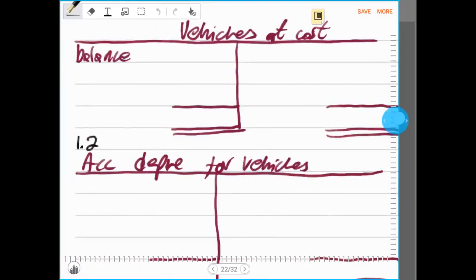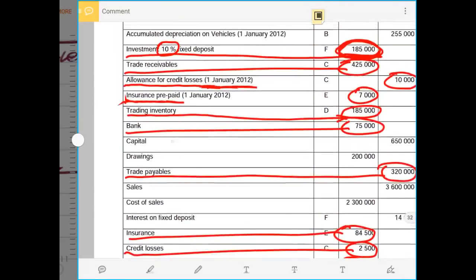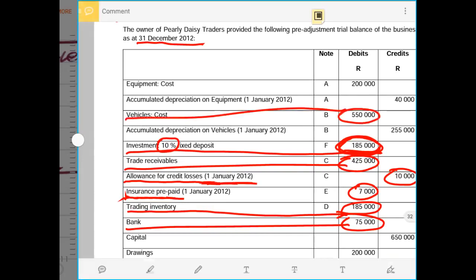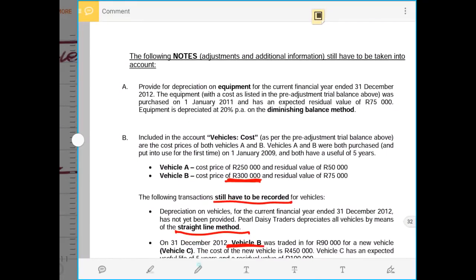Starting with the balance, we have to go to the trial balance, check the opening balance of the cost of our vehicles. And the opening balance of the cost of our vehicles is already given to be 550,000 rands, of which that 550,000 rands is the sum of the two costs of the assets.